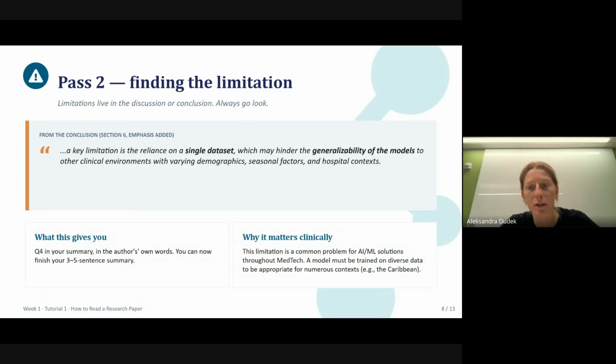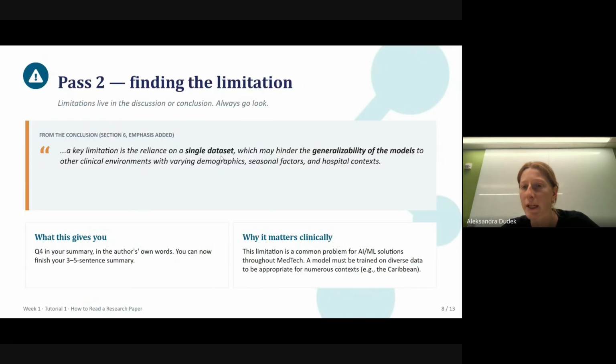Sometimes if you want to spend a little bit more time understanding the methods, you can do that comprehensive pass to read. Depends on how well the authors ultimately wrote the abstract and discussion and how thorough you want your summary to be. And then just a note here of why it matters is what I was mentioning before.